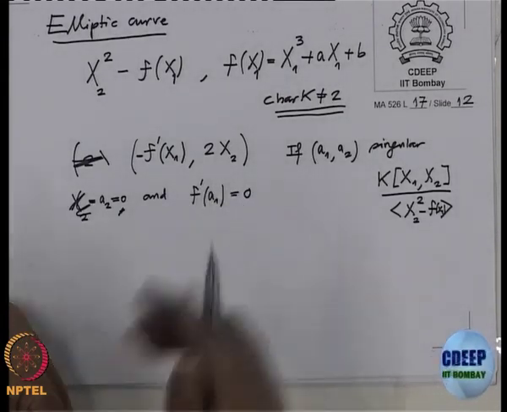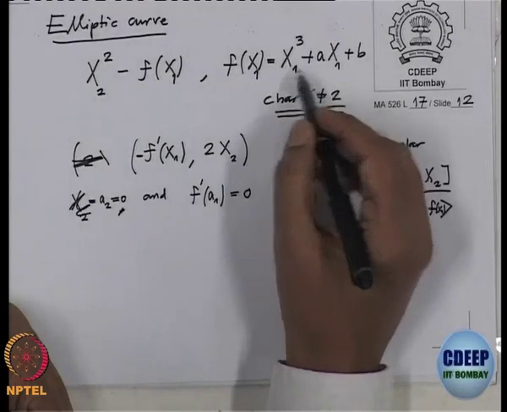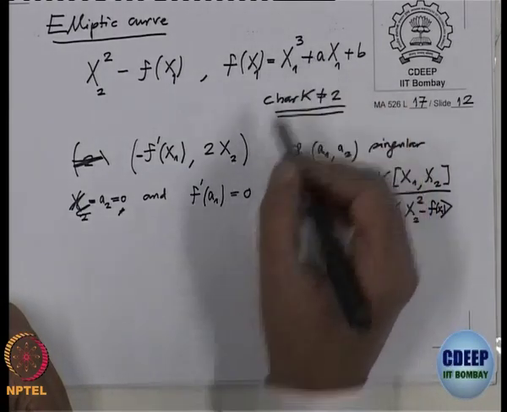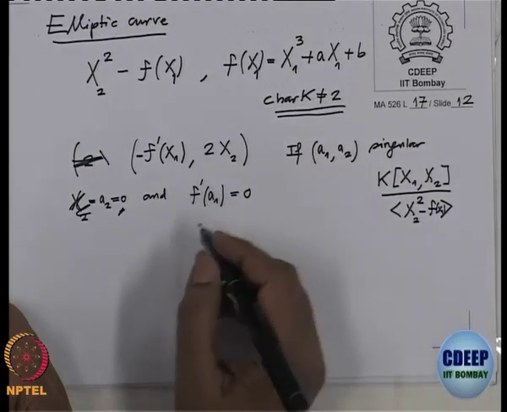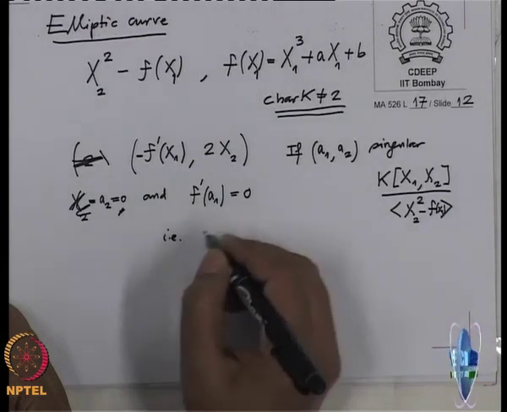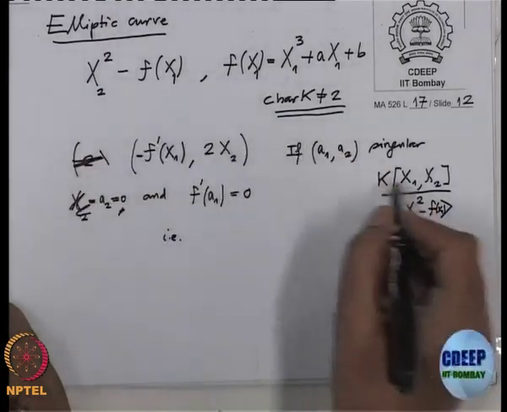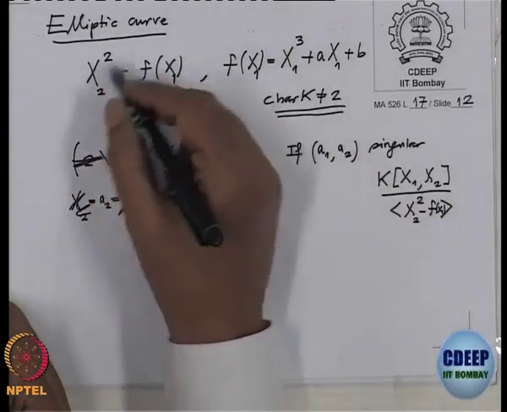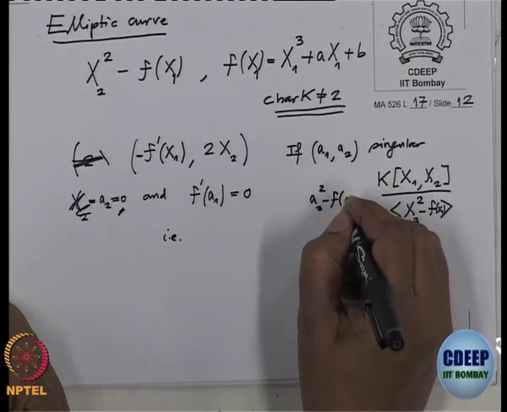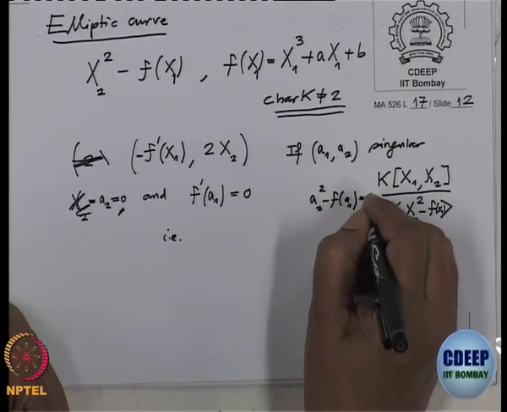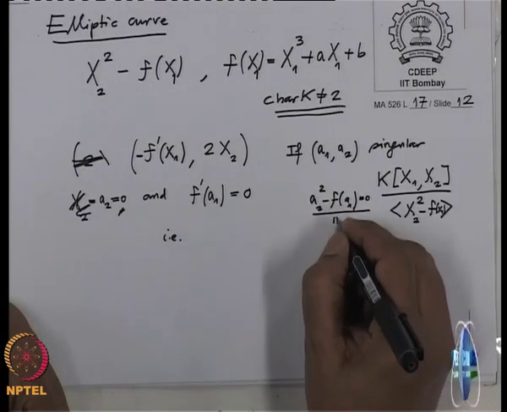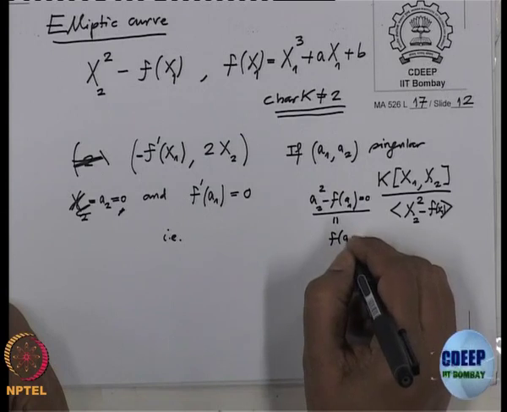This means this is a cubic equation and the derivative is vanishing here. So, that a1 a2 also should pass through this curve. That means a2 square minus f of a1 should be 0, and a2 is 0, therefore f of a1 is also 0.